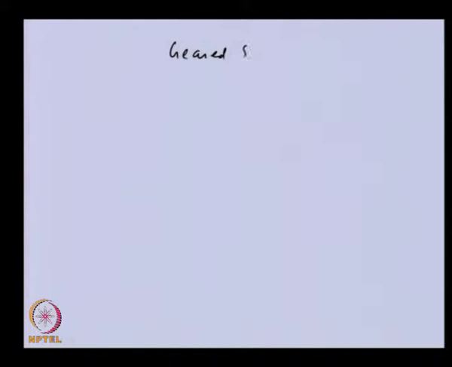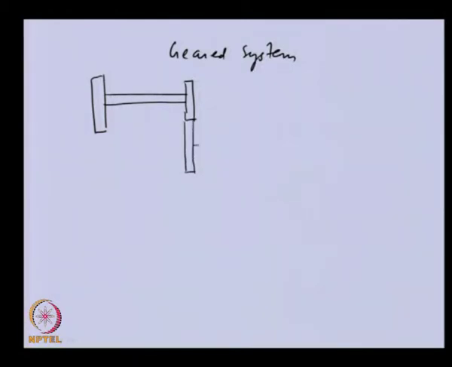In a geared system we have one shaft which is connected to a heavy flywheel, and here there is a gear which is connected to another gear, and that is giving power to another shaft, and here another flywheel is there.